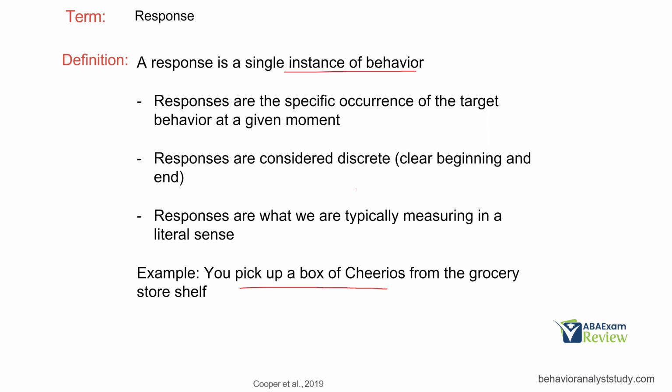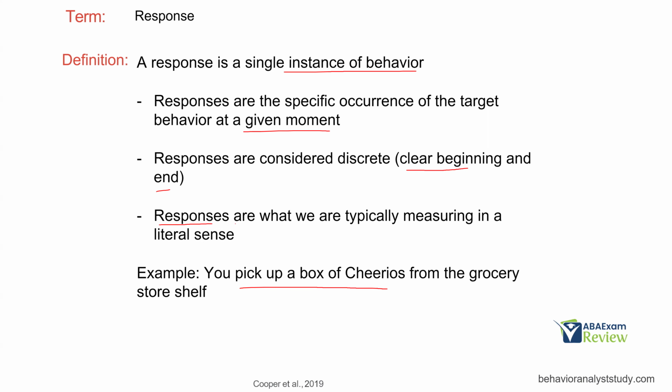So responses are the specific occurrence of the target behavior at the given moment. So at a given moment, we have a response. And responses are discrete. There's a clear beginning and a clear end. And we aren't necessarily measuring the behavior, we're measuring each response. When I'm taking frequency data, you might say you're measuring the behavior, but what you're really measuring is each response of that behavior.